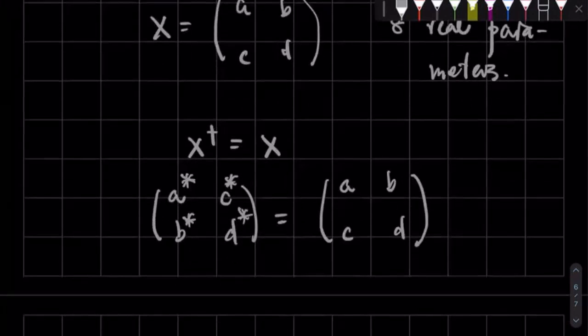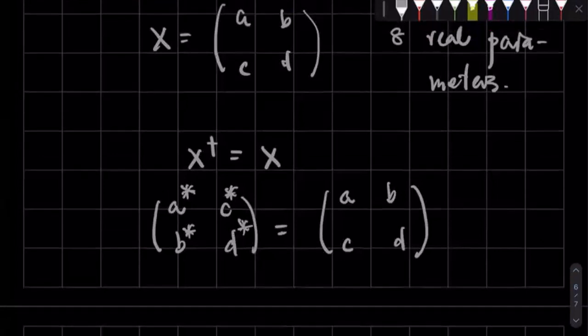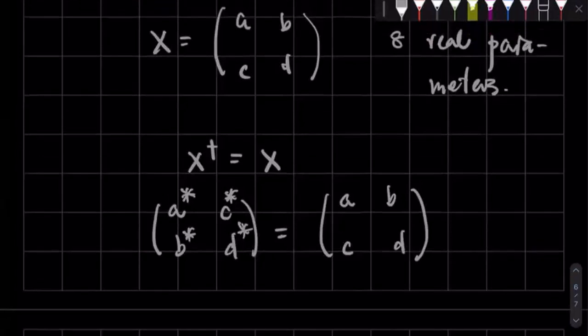So this cuts down the number of independent parameters from 8 to 4, right?